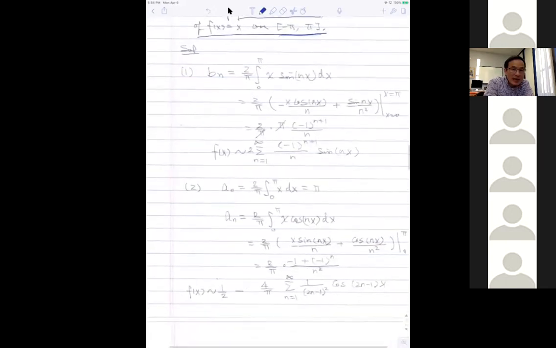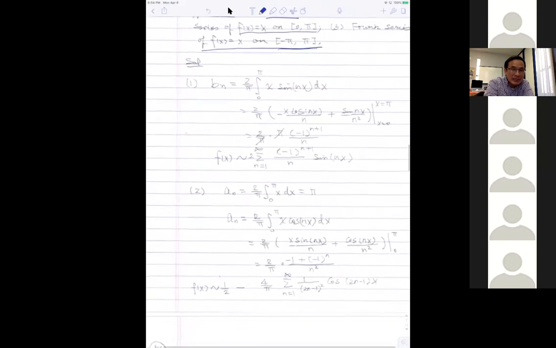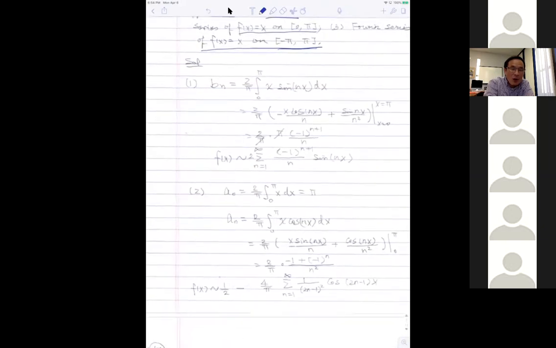Can you see if I zoom in and make it bigger? You can also download the PDF file from the Canvas site, and it should be more legible.